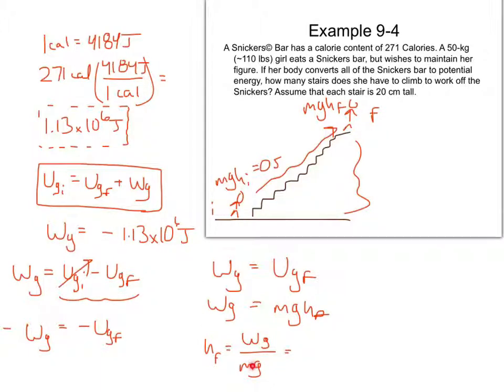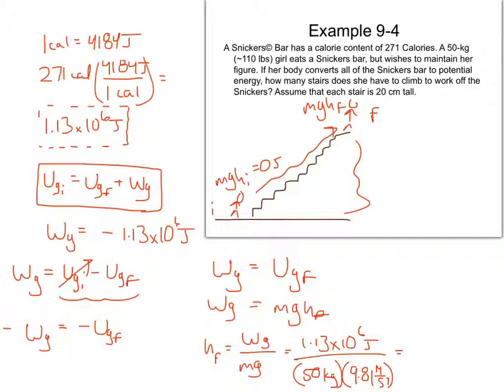Okay? So what's the work that has to be done acting against her by gravity, or the work that she has to put out so that she burns off the Snickers bar? That is 1.13 times 10 to the 6th joules. Let's divide that by her mass times gravity. So 50 kilograms times 9.81 meters per second squared.